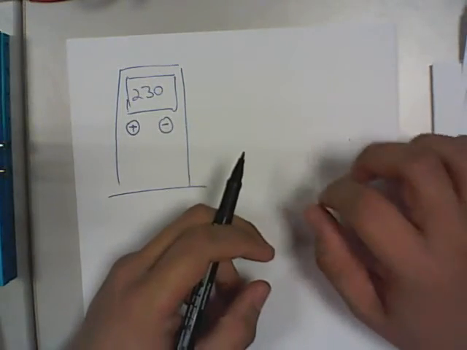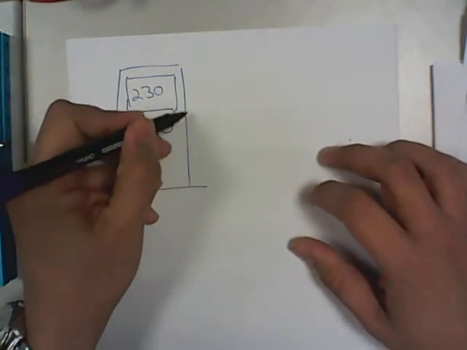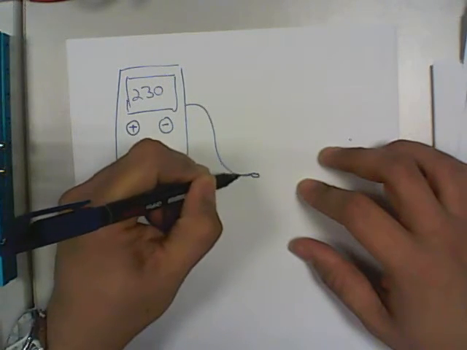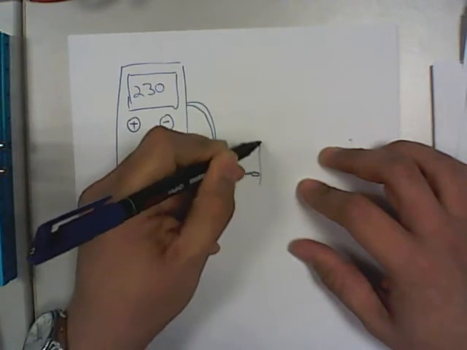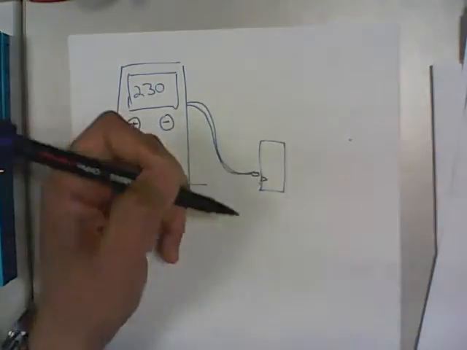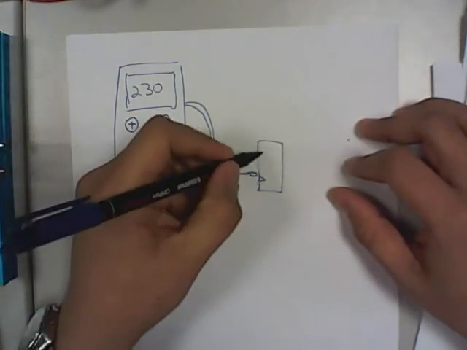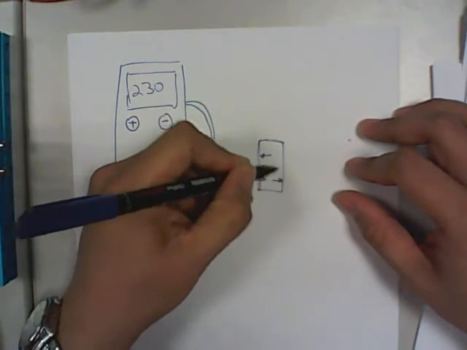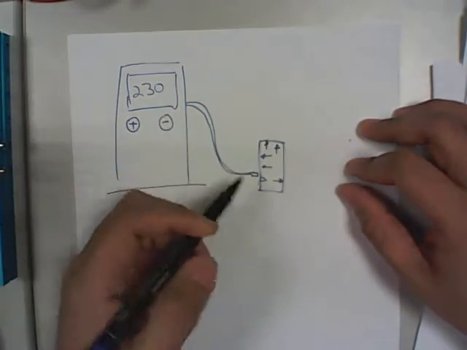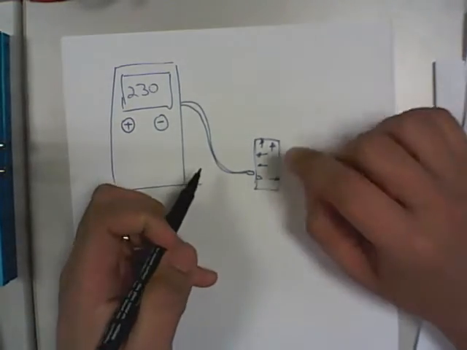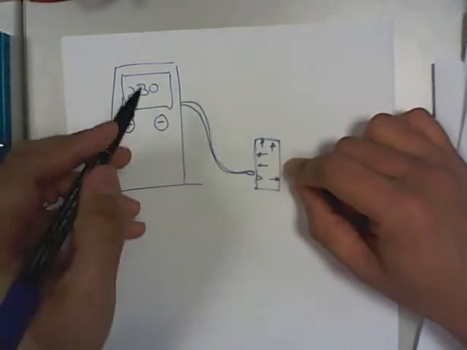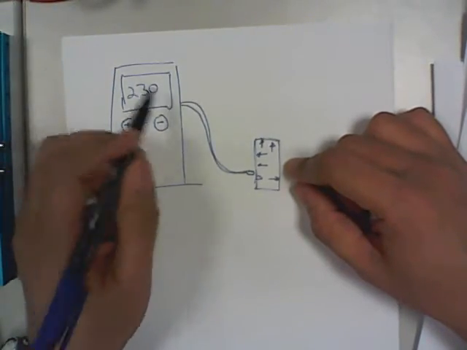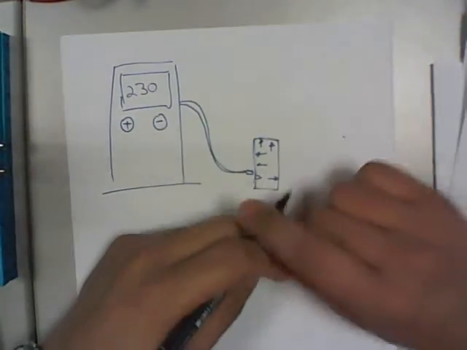That is pounds per square inch, which is a pressure. Then you plug the hose into your car tire, and the tire will be inflated with a certain pressure inside. This additional pressure is what is shown on the display, which is 230 psi.